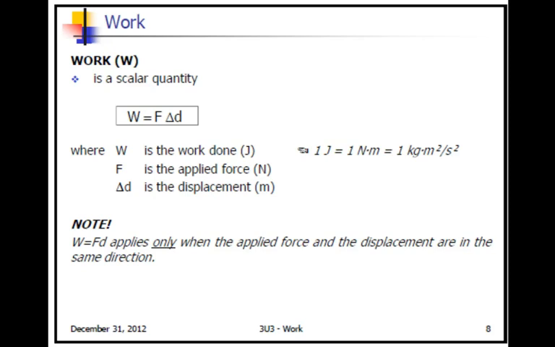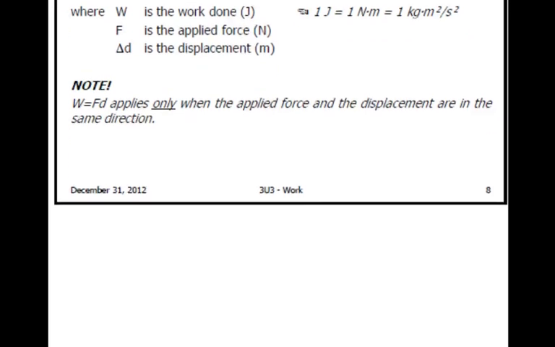So that's how you can break up the joule into other SI units. And another thing to note is that work equals force times distance only applies when the applied force and the displacement are in the same dimension.